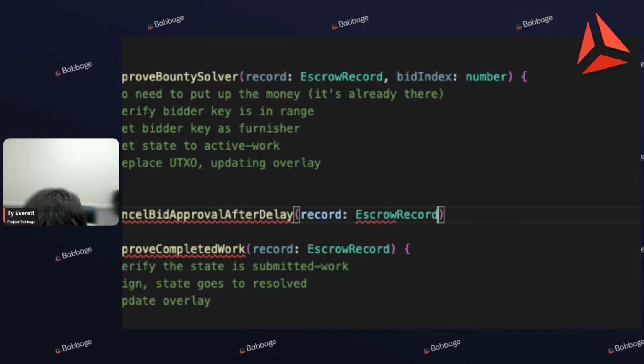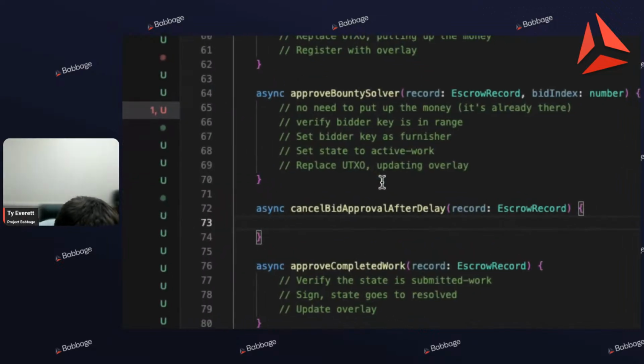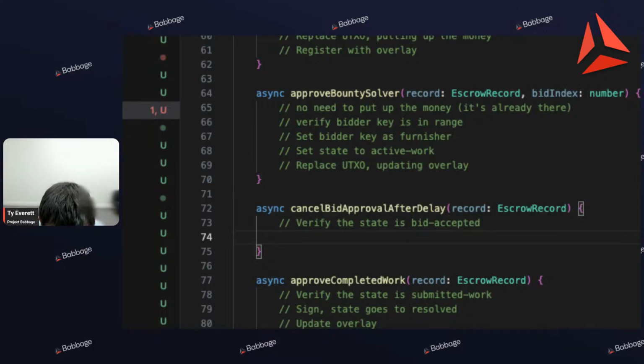That's what we're missing, right? Because if we can cancel the bid approval after a delay, that means that state needs to be bid as accepted.